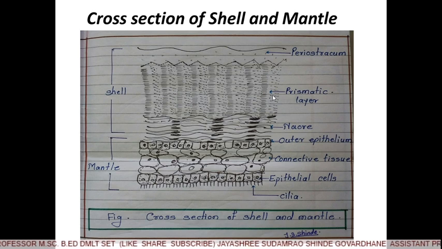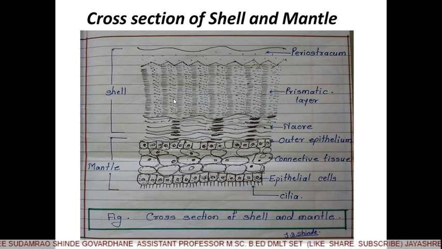Second is the prismatic layer, also known as ostracum. These are the plates you can see here, arranged. It is a very thick layer made up of calcareous plates. What do we mean by calcareous? Calcareous means made up of calcium carbonate.